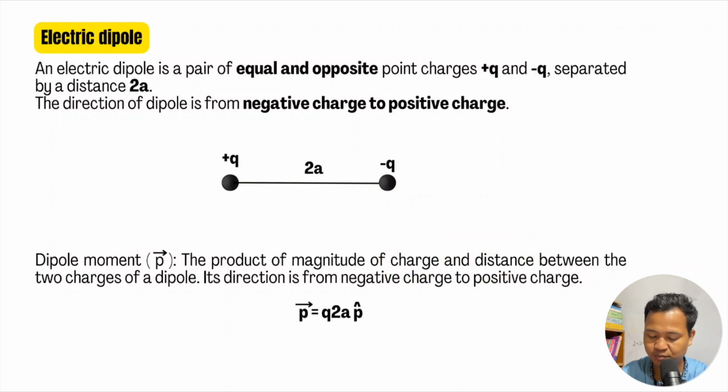Its direction is from negative to positive, represented by P cap. Okay, dipole moment is Q into 2A and it is along the dipole from negative to positive charge.